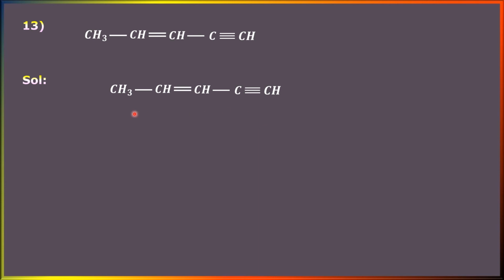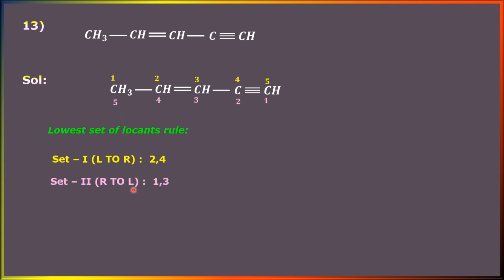Which way of numbering is correct? In order to know that, I will use the lowest set of locants rule. Set 1, left to right: the locants are 2 comma 4, that is, the second and the fourth carbon atoms are bearing the multiple bonds.